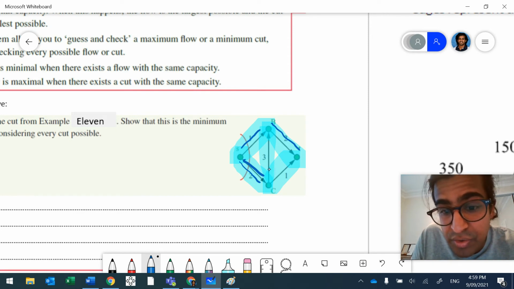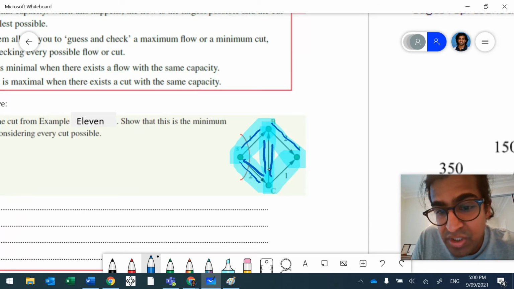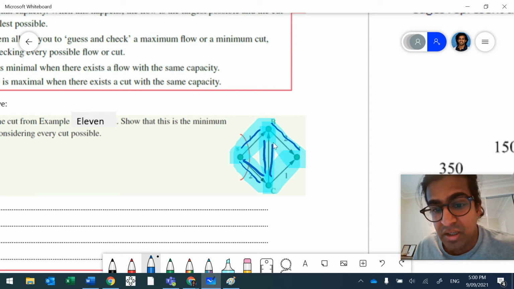What we could also do now is send both of our flows through there, but that restricts what can go through there now. That means only 1 can go through there, right?